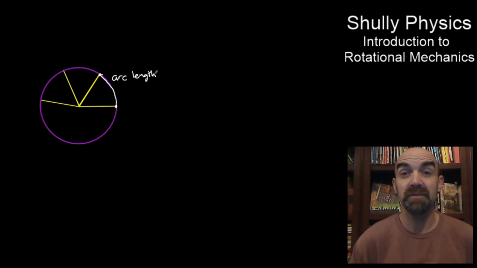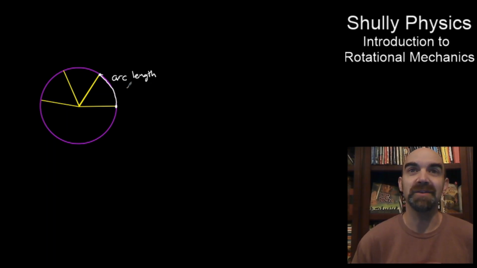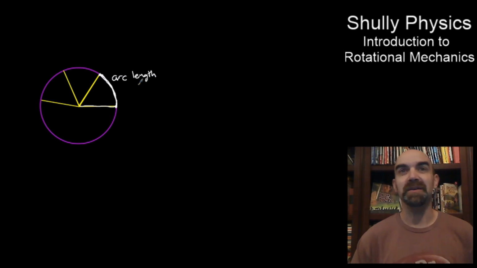Now the arc length I've defined here is exactly one radius of length. So if we take a radius, a radial line here, and measure it, and we lay it like a string over the edge of this circle, what I'm saying here is this arc length that I've defined here is about equal to r, the radius of the circle, and we have another radius here.